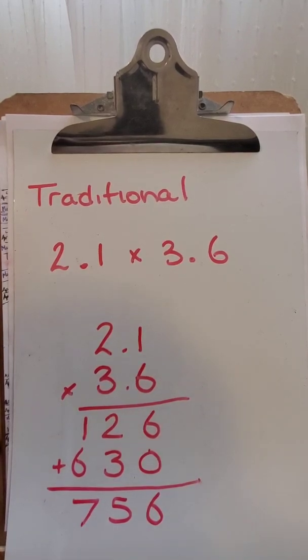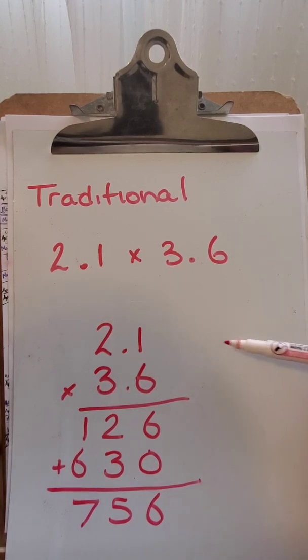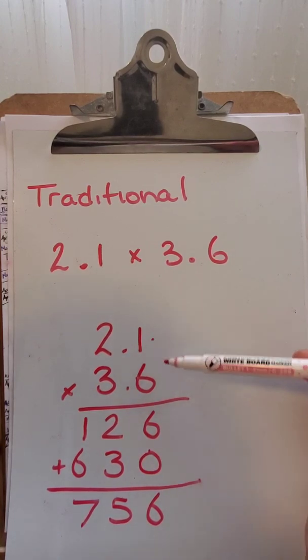We're left with 756. Now it's time to replace the decimal. If we look at our original question of 2.1 times 3.6, we notice that there are two digits behind the decimal, one here and one here. That's 1 and 6.